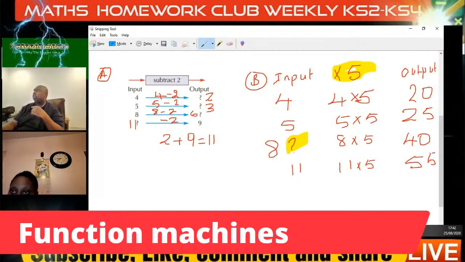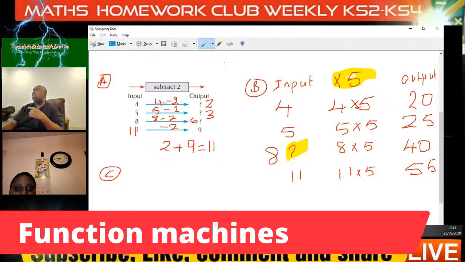Okay. In a minute, I'm going to ask you to copy these in a book. I'm going to do C. Right. So this is known as function machine.